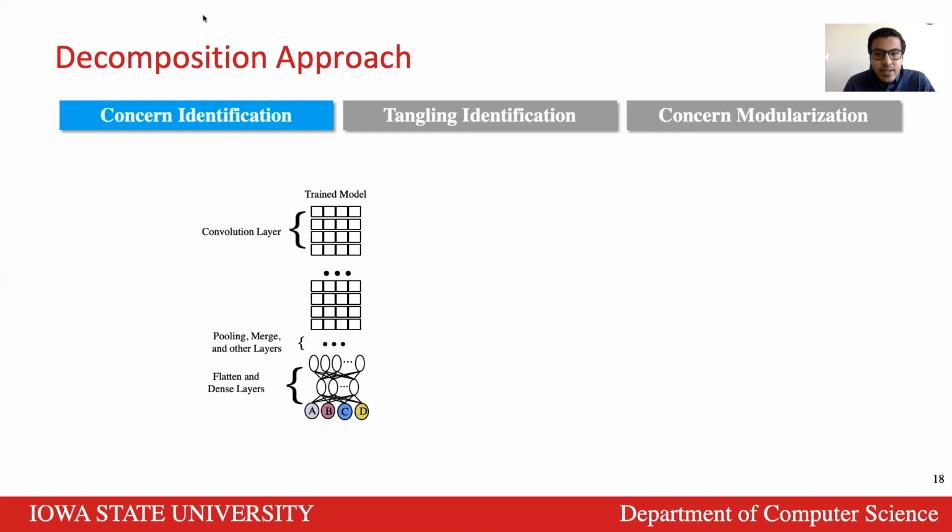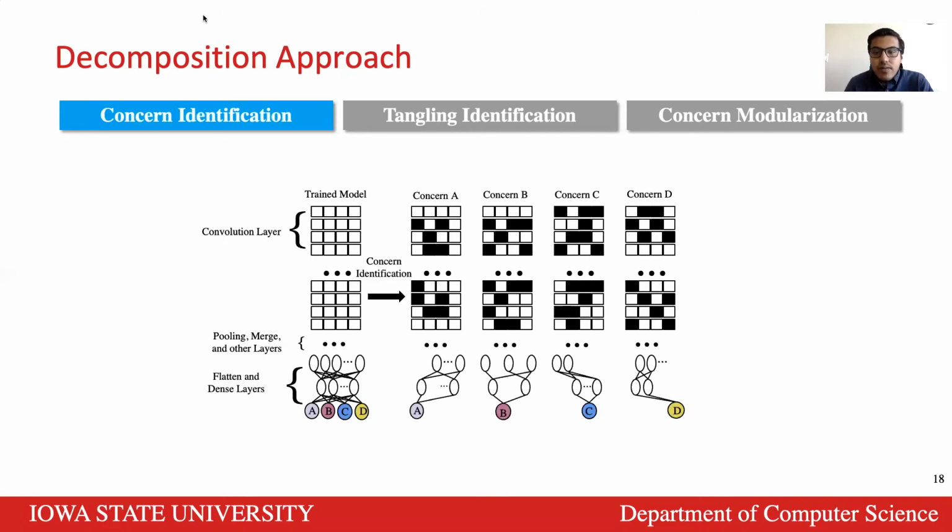Concern identification involves identifying the section of the CNN model responsible for a single output class. As a result of the process, we remove nodes and edges in the model. In traditional CNN models for image classification, both convolution and dense layers have the notion of nodes and edges.